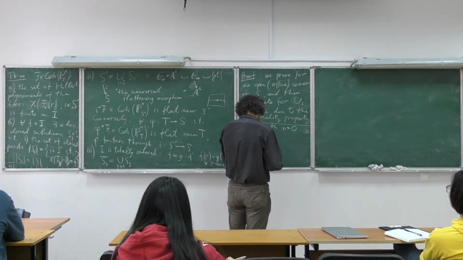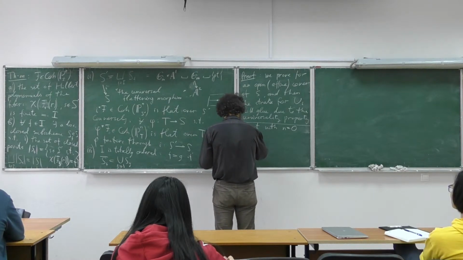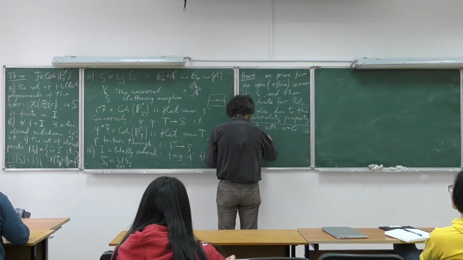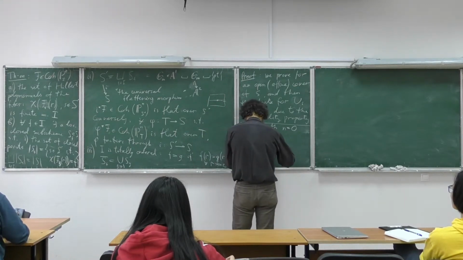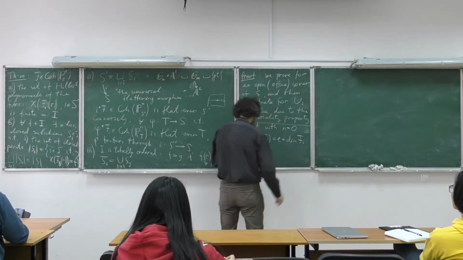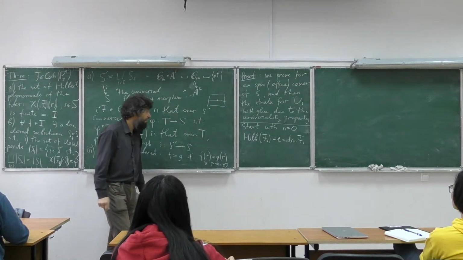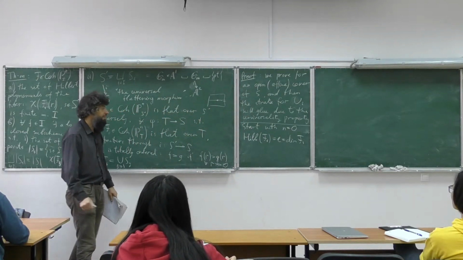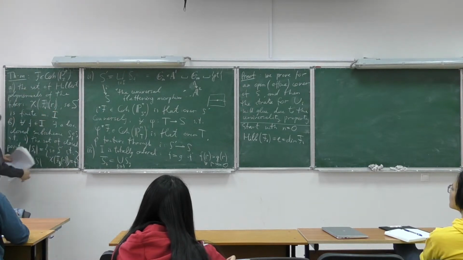And then the Hilbert polynomials in question are very stupid ones. They're just constants. F is now a sheaf on the base S. Why?